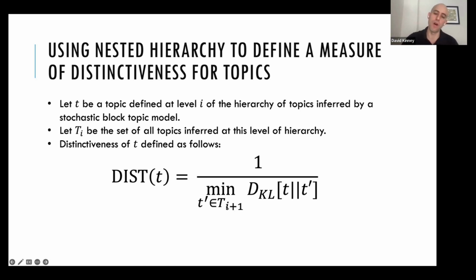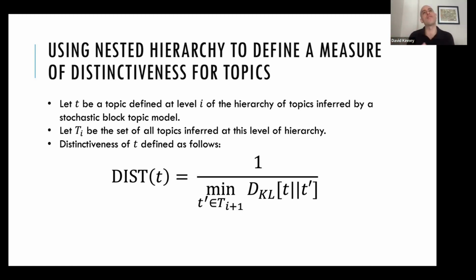So at one rung up this nested hierarchy, what's the minimum divergence between our topic that we're measuring the distinctiveness of, and any topic at that higher level of abstraction?